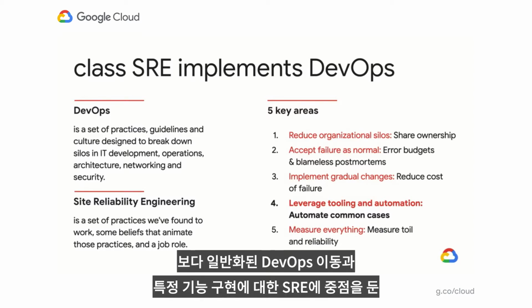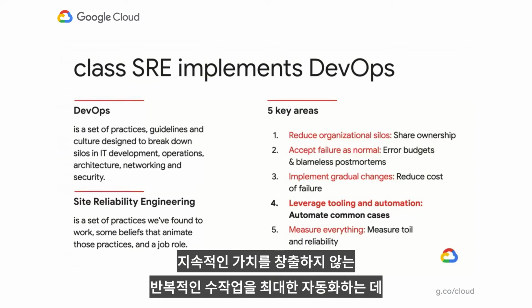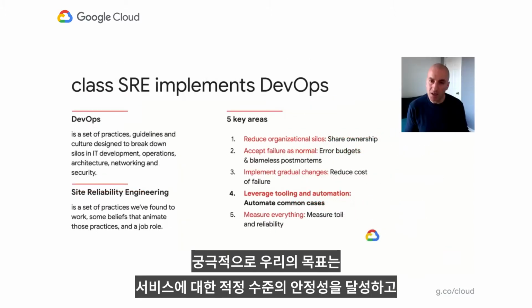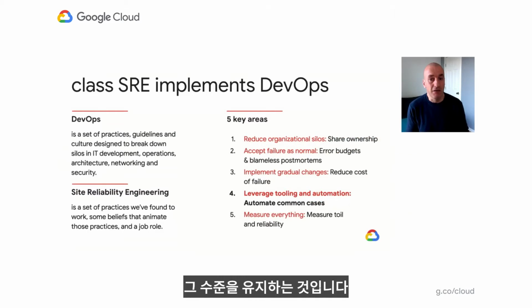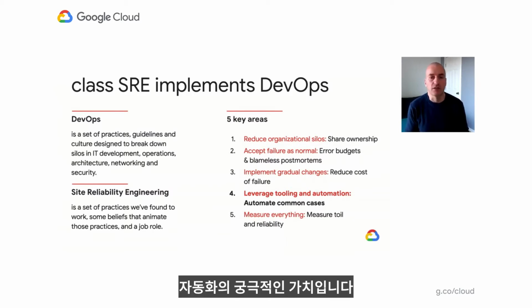One of the major areas of focus for both the more generalized DevOps movement and SRE, which is a specific implementation of it, is the focus on automating as much of the repetitive manual tasks that specifically don't add enduring value as possible. Ultimately, our objective is to achieve the appropriate level of reliability for our services and maintain that level, even as user demand and load increases, without having to proportionally scale the staff required to support that service.